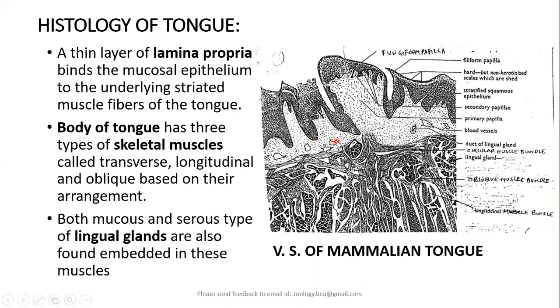Now, coming to the second layer of the tongue, that is the lamina propria, which is nothing but a thin layer of connective tissue which helps in binding the mucosal epithelium to the underlying muscles. The body of the tongue is largely made up of skeletal muscles called transverse muscles, longitudinal muscles, and oblique muscles. These names are given to the muscles based on their arrangement in the tongue.